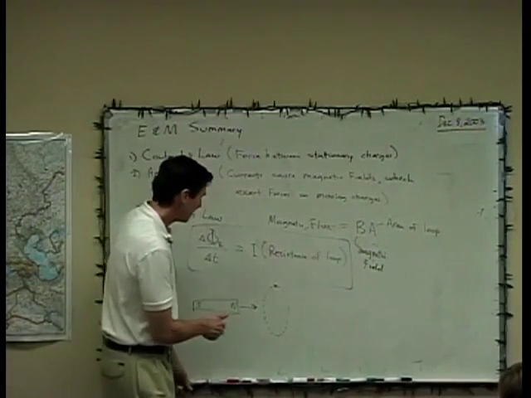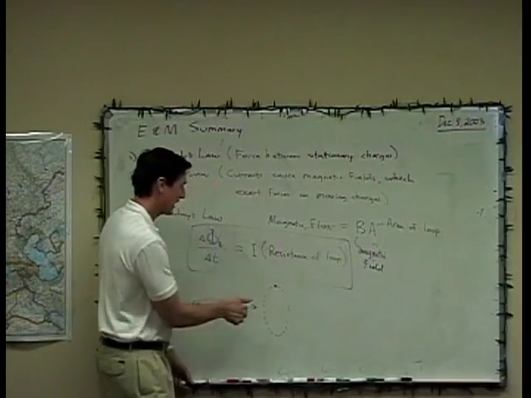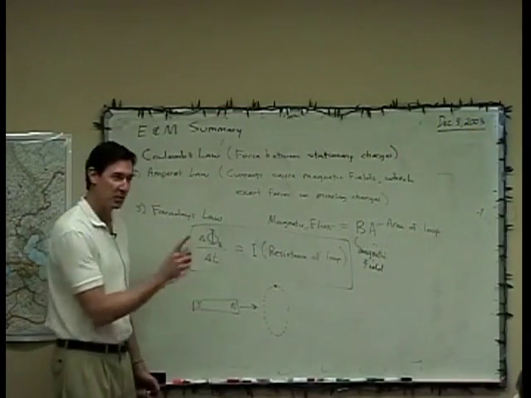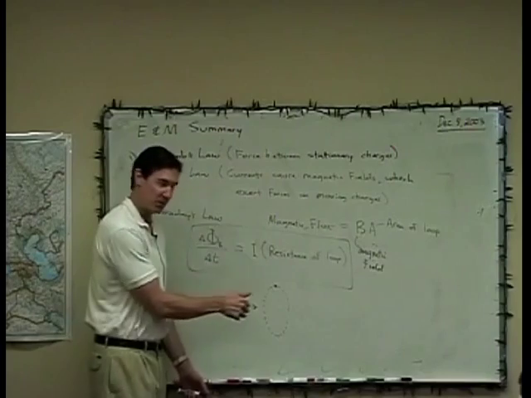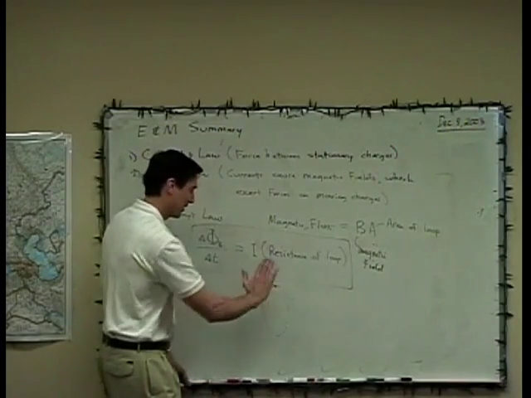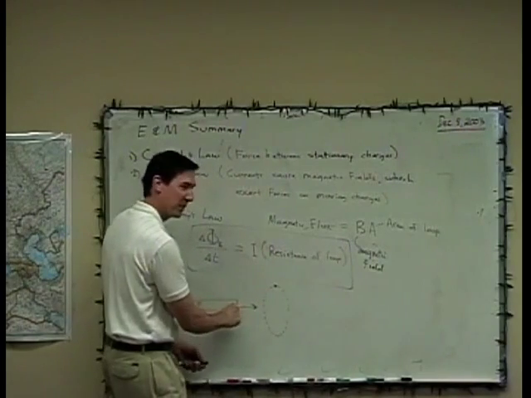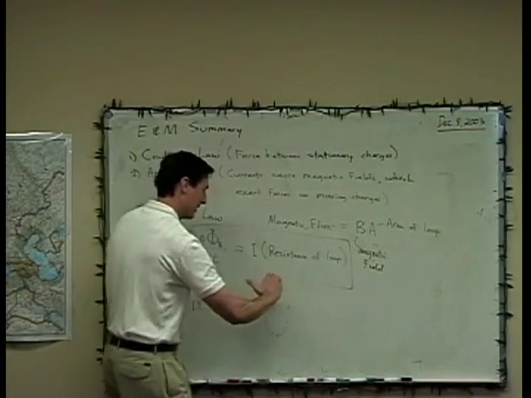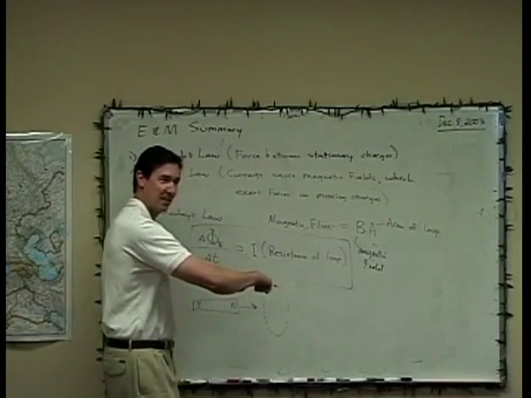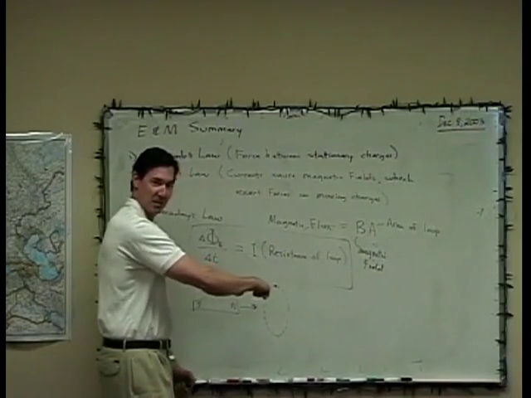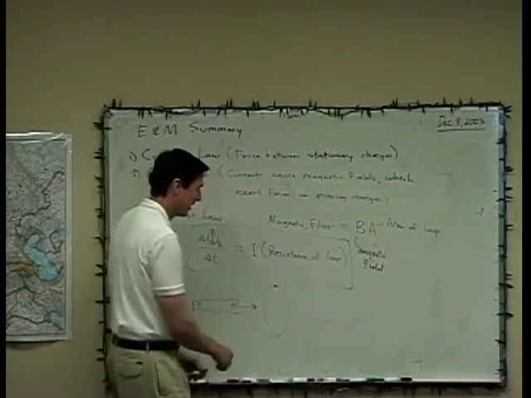Now, in fact, all you have to do to know which way it moves is figure out which way the current would move around the loop, right? So it's going to oppose this magnetic field change. So it's going to spin around counterclockwise, at least from my direction.